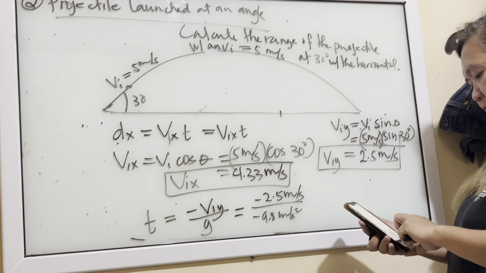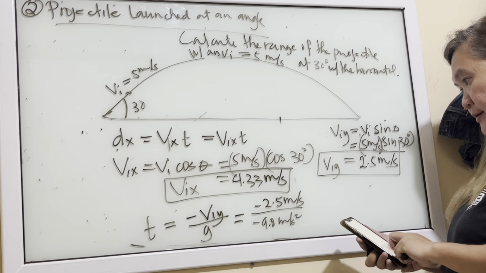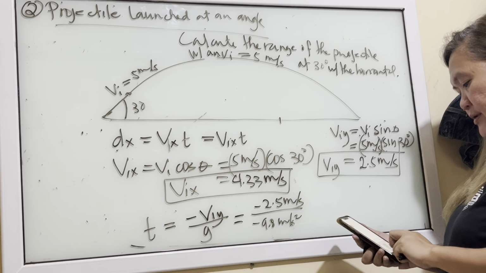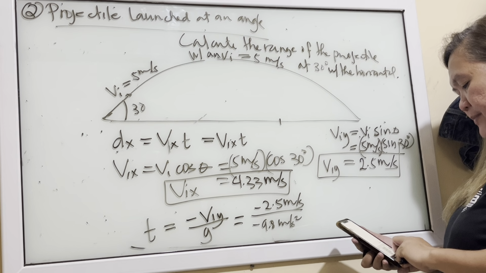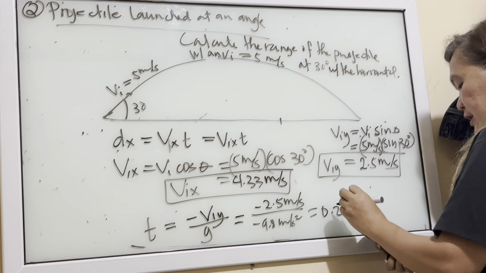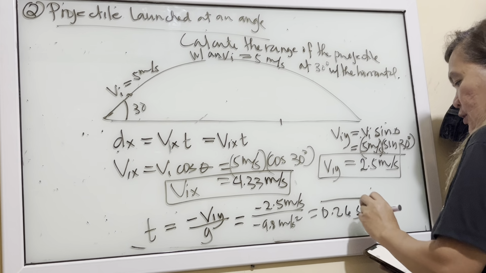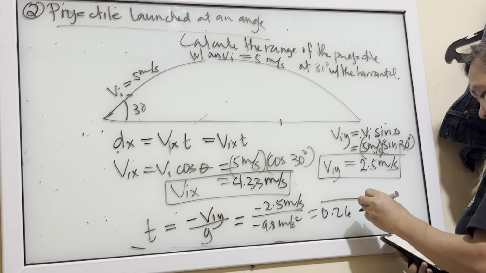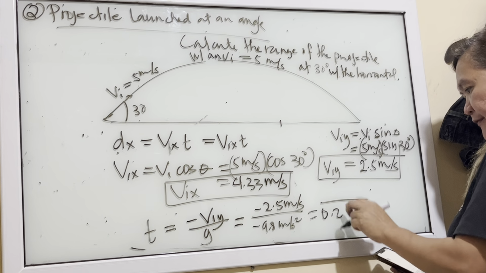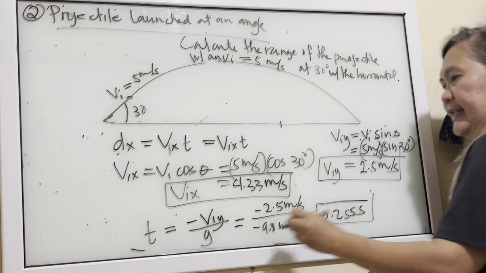So you have, sabit na lang to, 2.5 divided by 9.8 equals 0.2226 seconds. Or kung tutuusin natin, gawin natin 0.255. Okay? That's for T up.